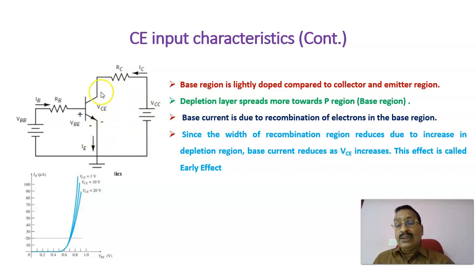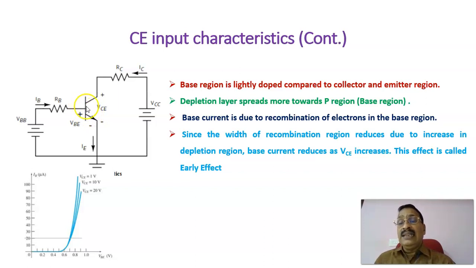And as you know, in the working of this, since the emitter junction is forward biased, electrons come from the emitter into the P region, the base. In that region, a few of the electrons recombine with the holes there, normally almost 2 percent.